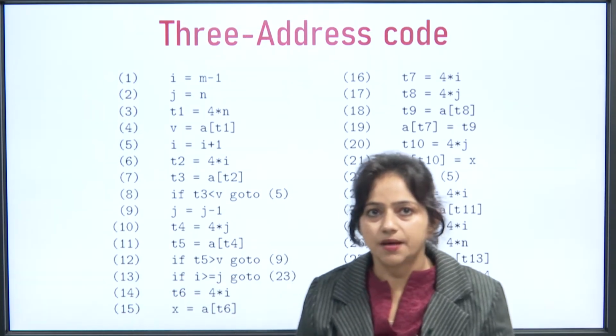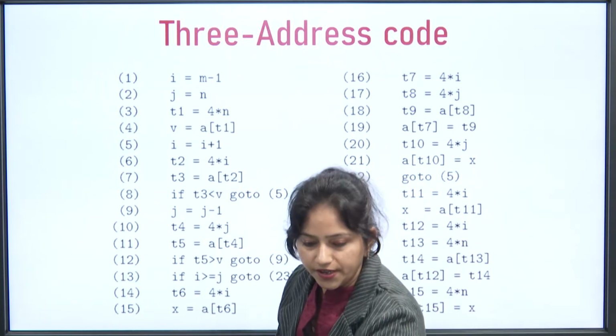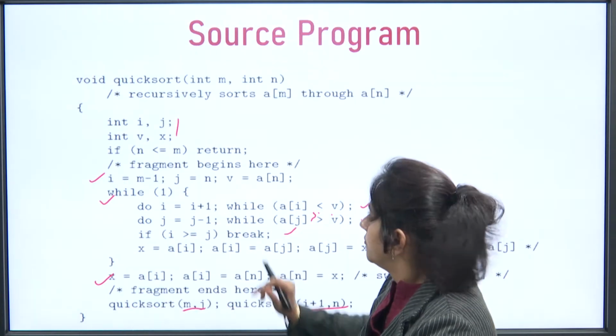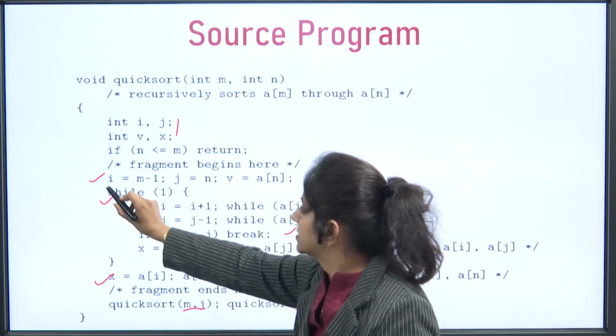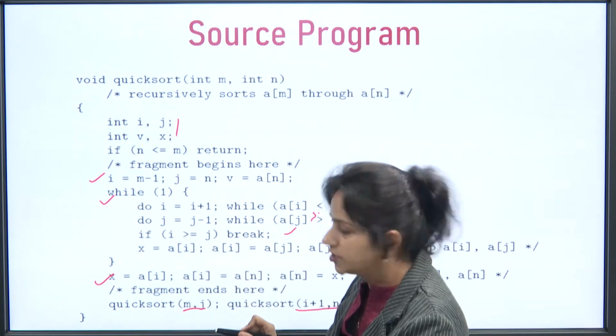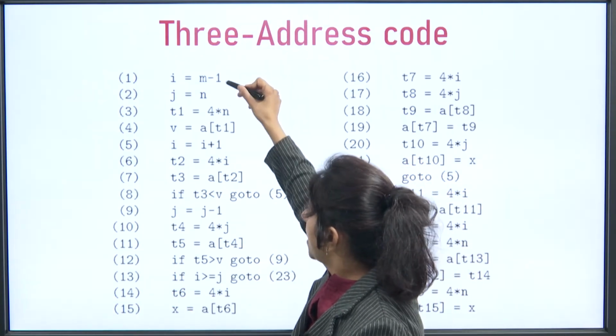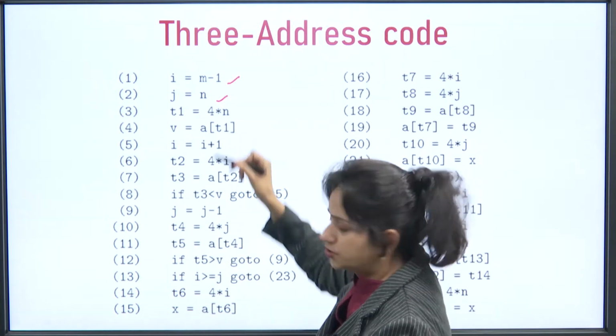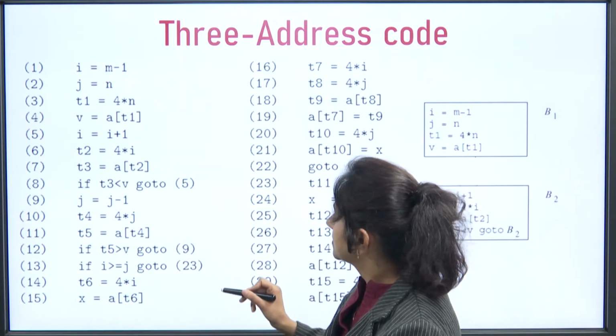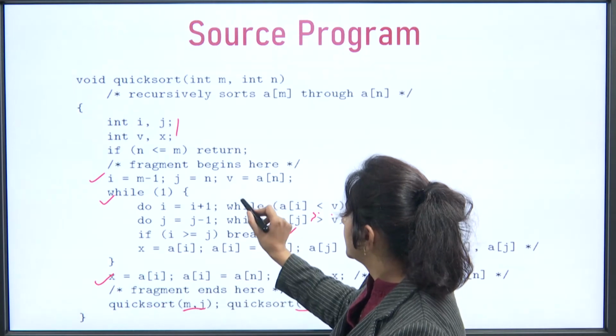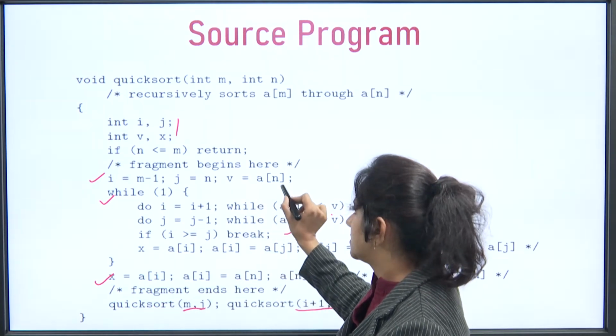I will highlight the major areas of the 3 address code. We start from here: i is equal to m minus 1 and j is equal to n. Next is v is equal to a at n.